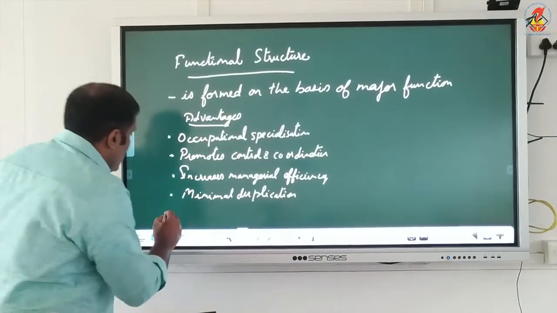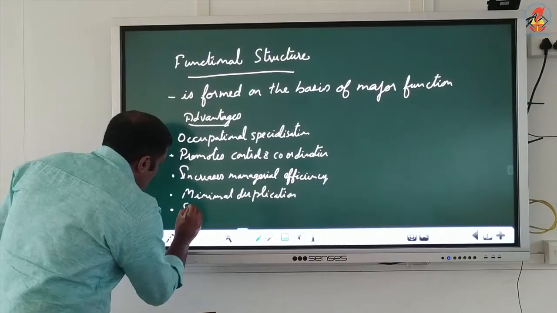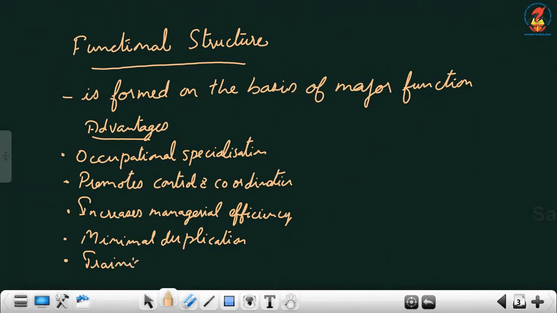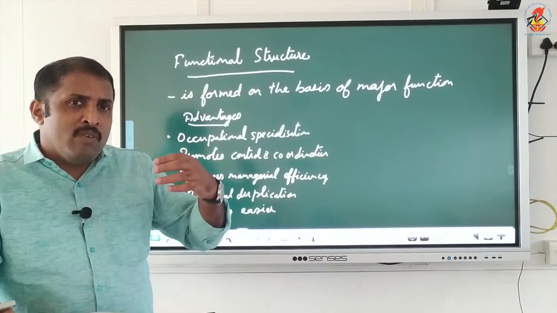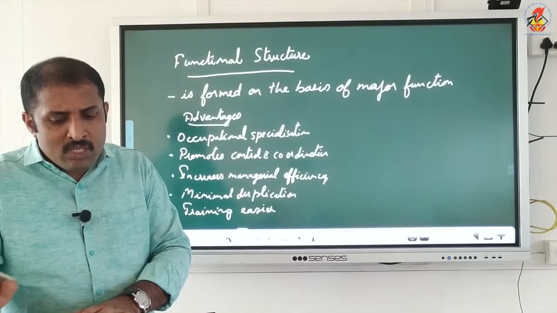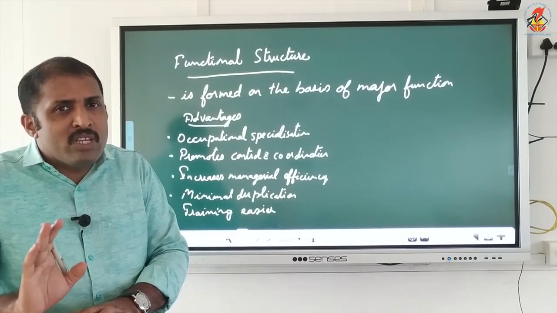Again, training becomes easier, because a particular job or a particular task is to be trained, the same task is to be performed. One need not be well versed in a number of tasks, because it focuses only on a limited range of skills.